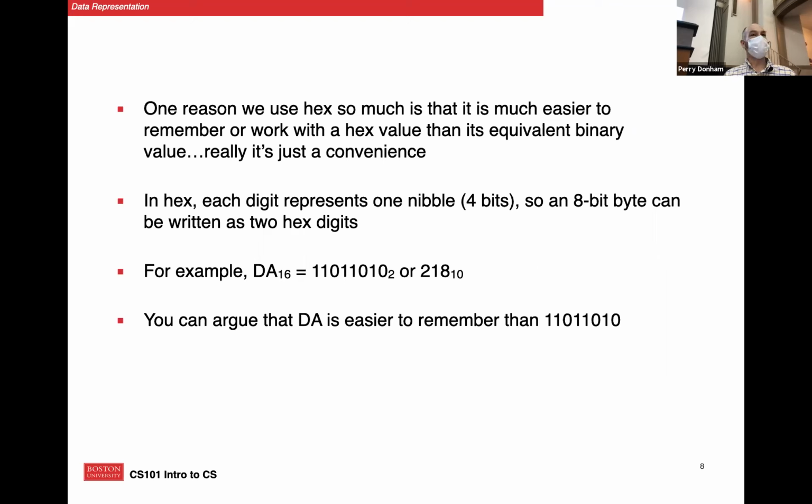It's 4. In 4 bits, I can go from 0, 0, 0, 0, which is 0, to 1, 1, 1, 1, which is 15. And so in just 4 bits, I can represent all 16 of my characters.